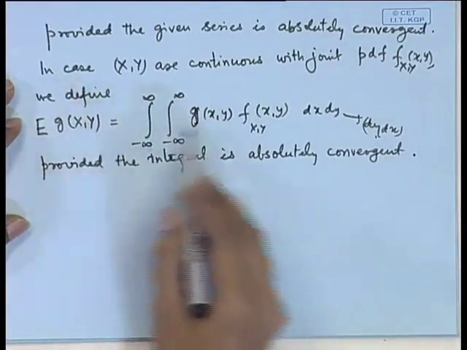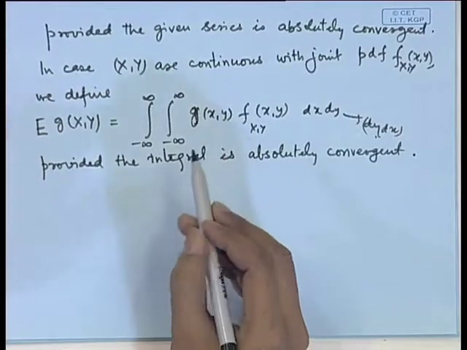So, in particular, given random variables X, Y, we can define expectation of X plus Y, expectation of X minus Y, expectation of log of X square Y, any type of function of the random variables X and Y, we can find out its expected value.